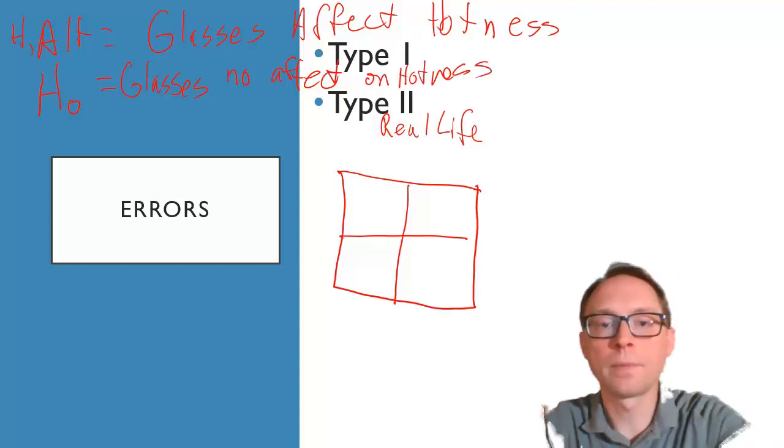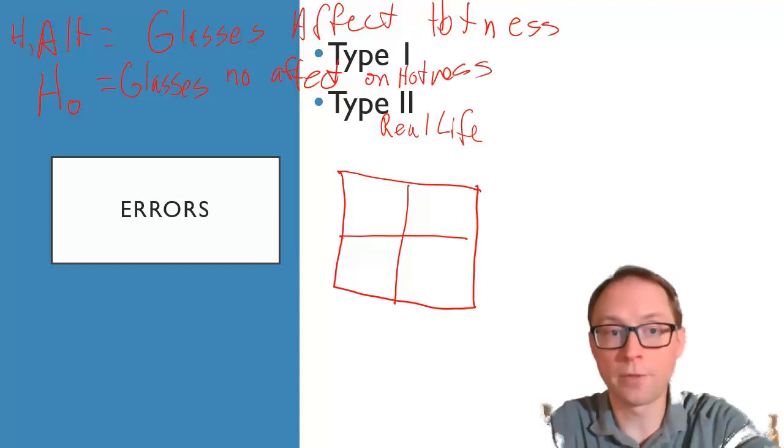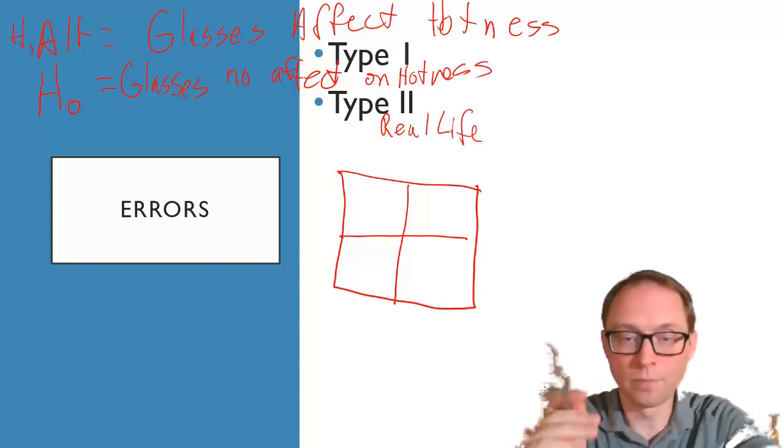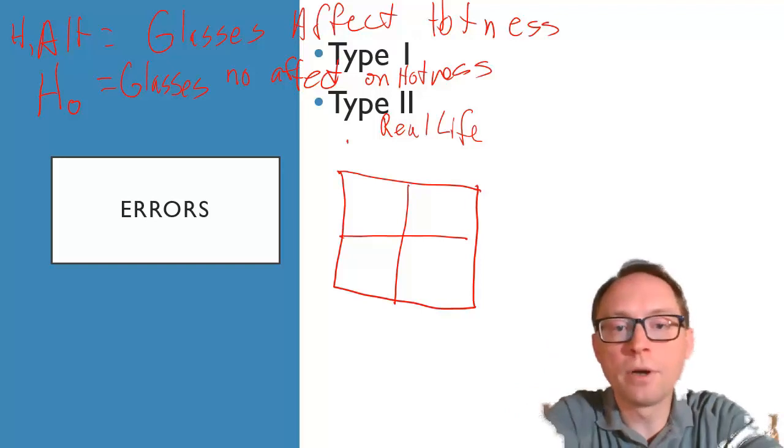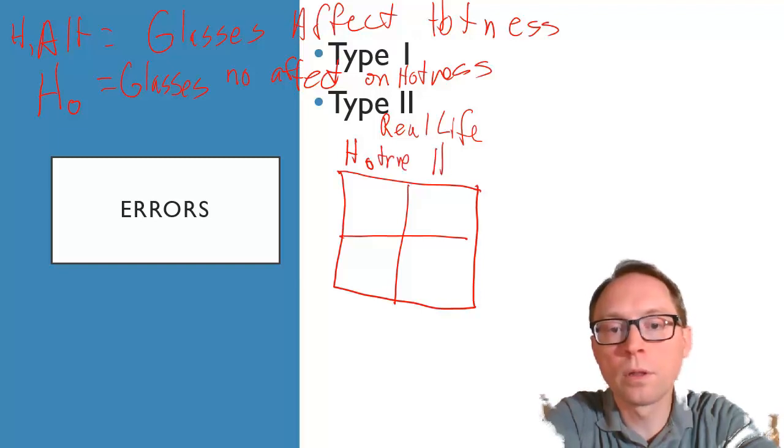Okay, that's going to be my null hypothesis. Notice no effect, null, null. In real life, the null is true or the null is false.